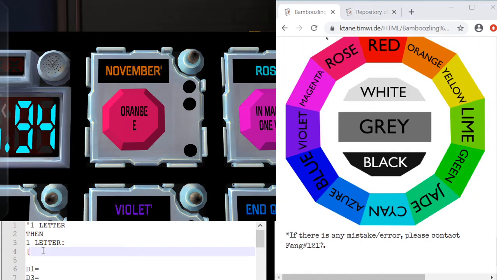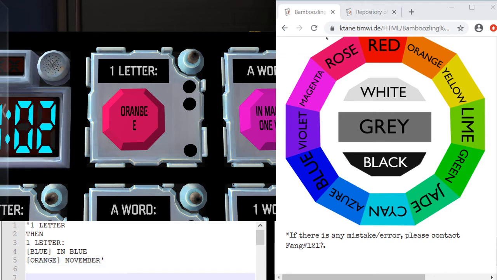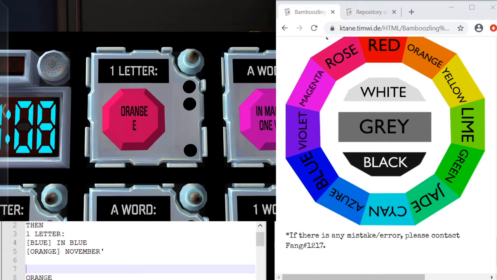It appears to be a blue, in blue, and an orange, November. The button itself says orange and E, and the color is rose.